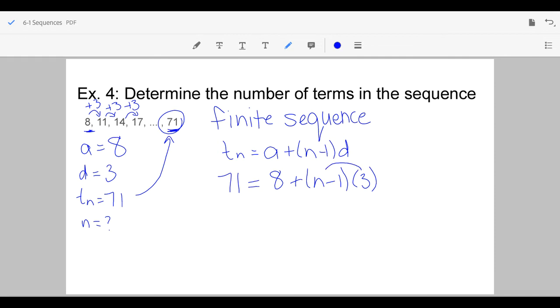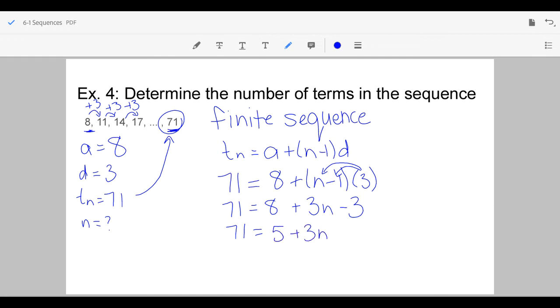Again, we're going to multiply that 3 into the terms inside the bracket in front of it. So 71 is equal to 8 plus 3n minus 3. Simplify a little bit: 8 minus 3 is 5, plus 3n.